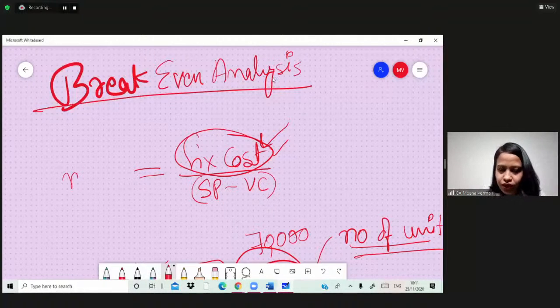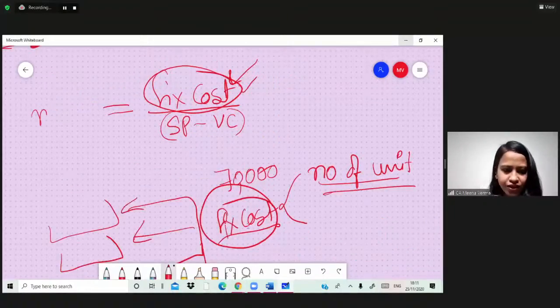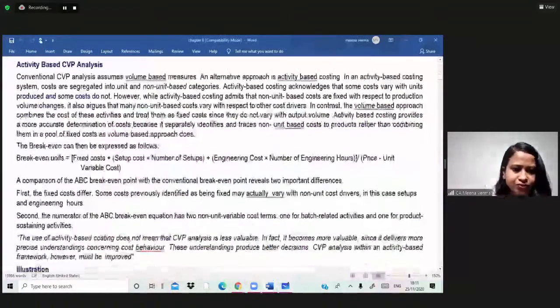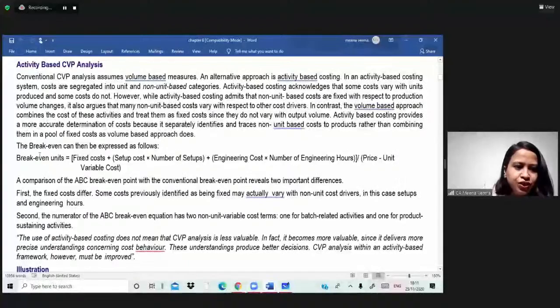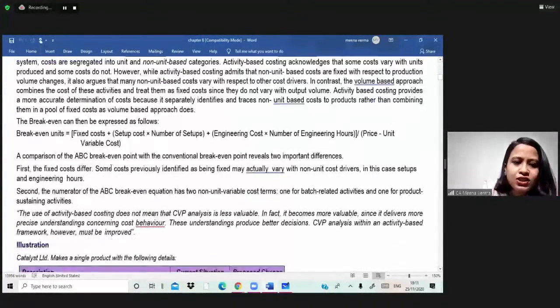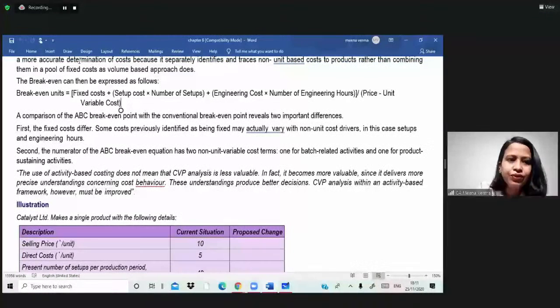Now let us see what we have in our syllabus. See, they have already mentioned here that for the break-even point, you will consider the fixed cost, and then you will consider the fixed cost which varies with some cost driver.